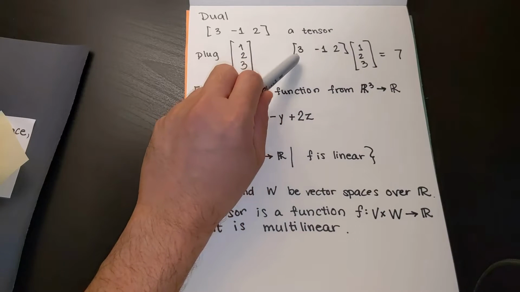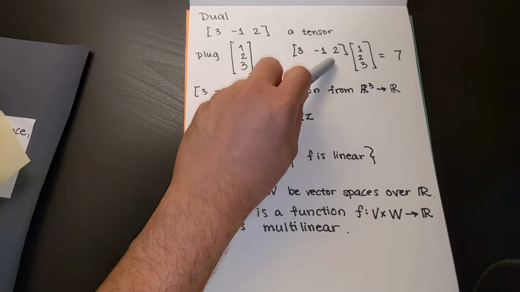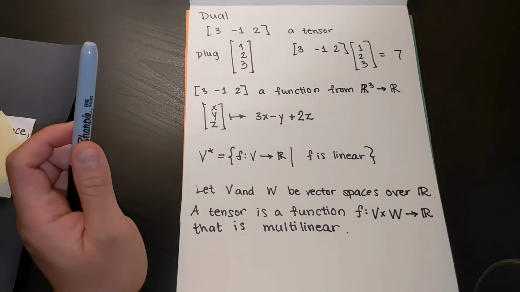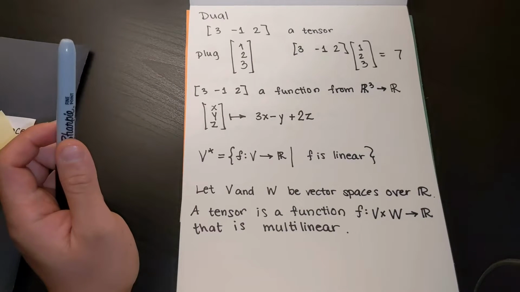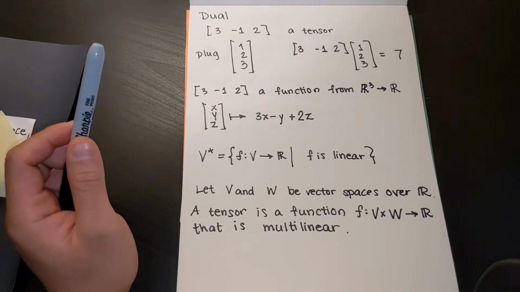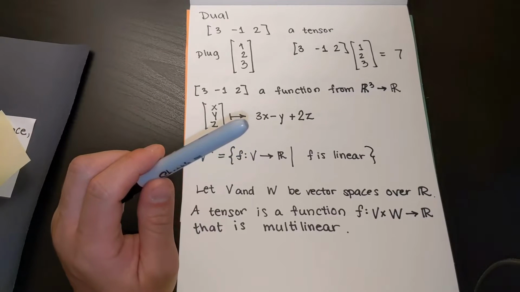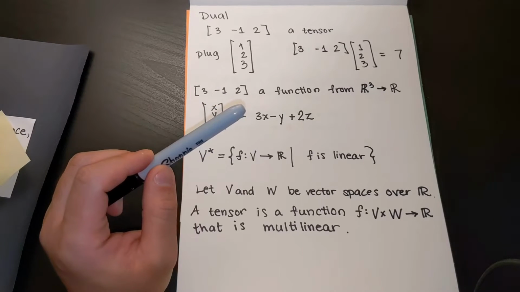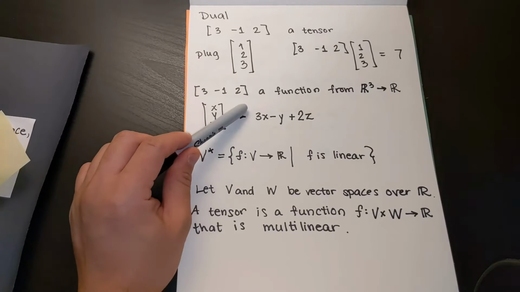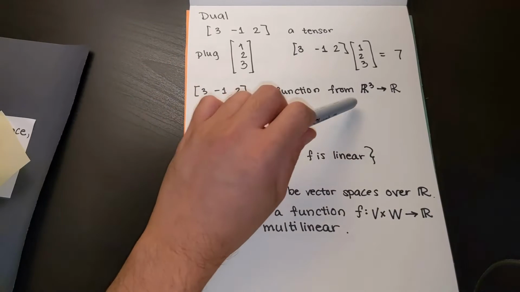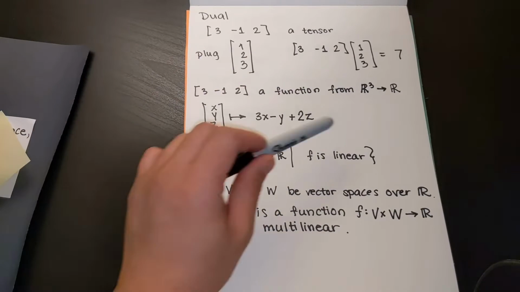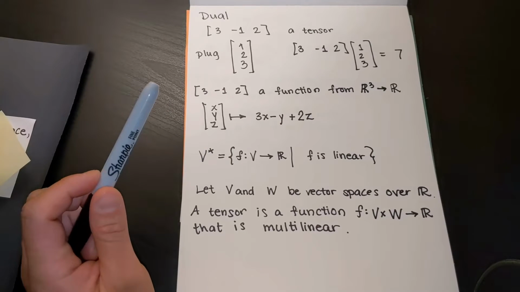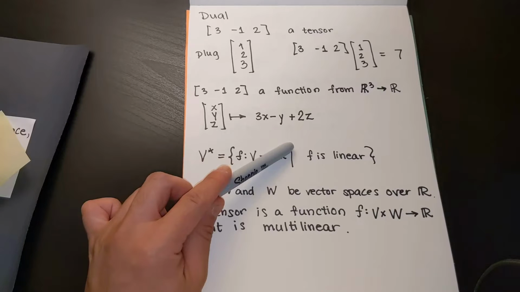So 3, -1, 2 times 1, 2, 3 is 7. The output is still one number. Yes, it's like inner product with a constant. So this tensor, 3, -1, 2, is a function from R3 to R that takes the vector xyz into 3x plus -1y plus 2z.